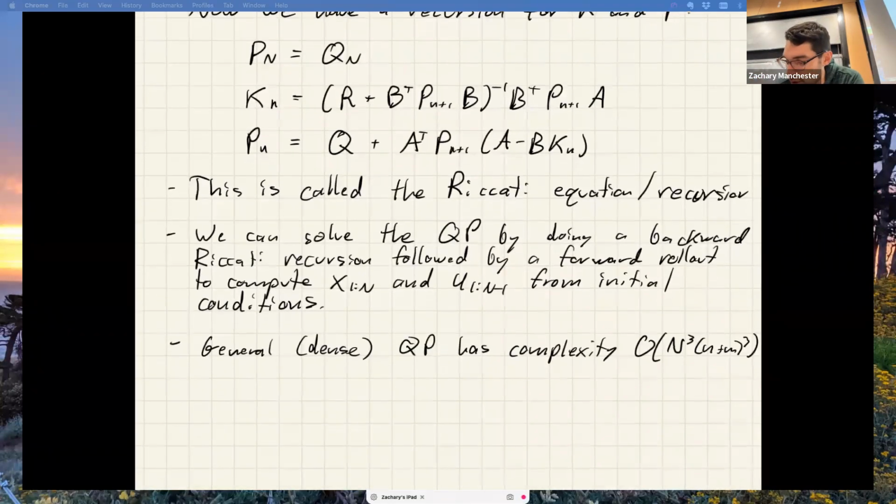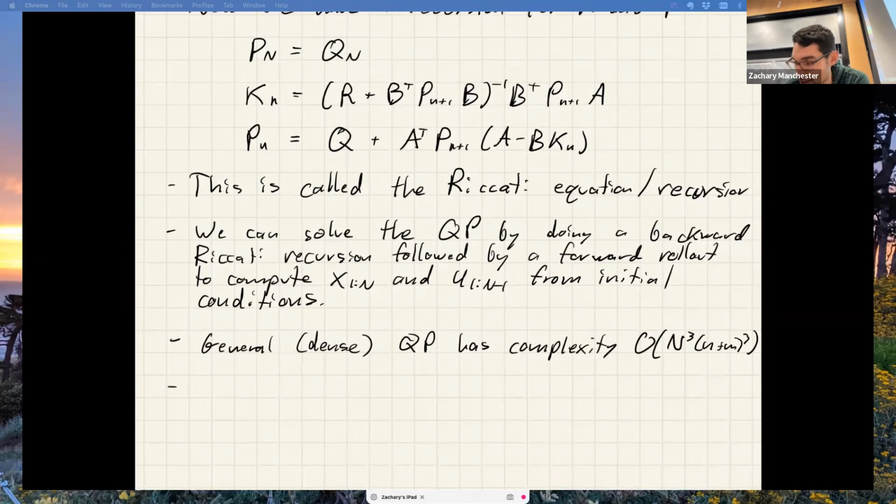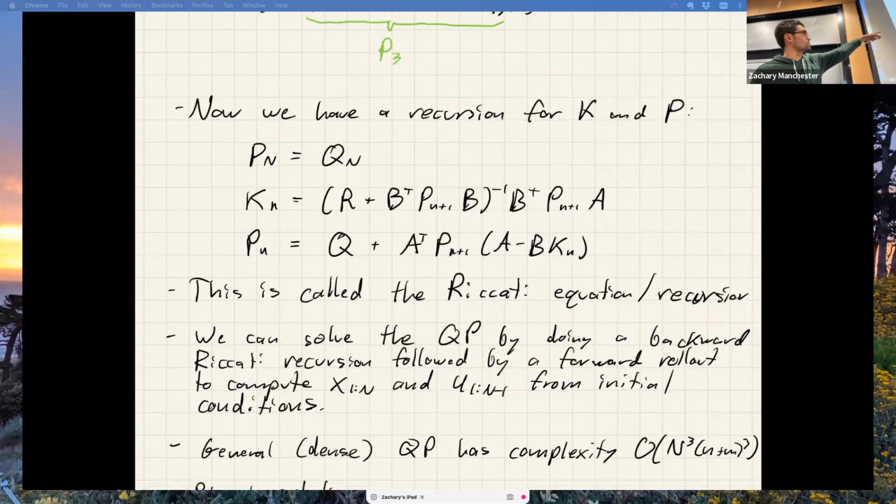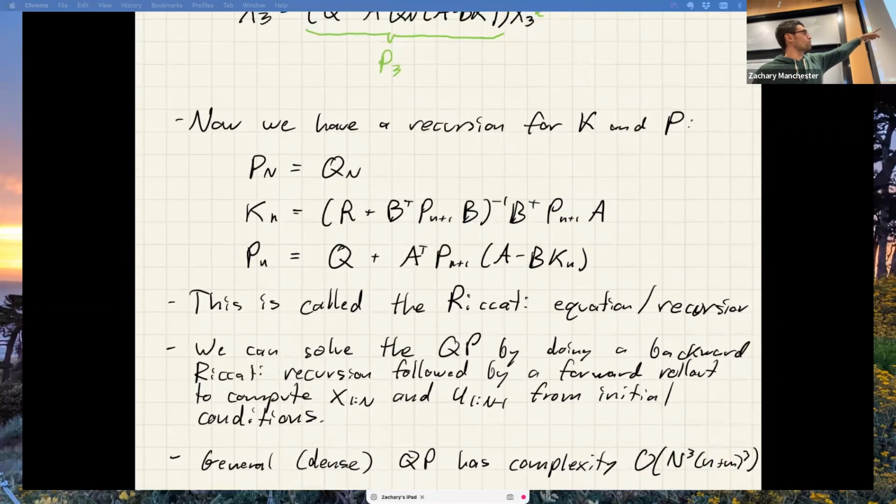This Riccati solution, though, which is kind of sweet. What do we think about this Riccati thing? It's linear in big N, the number of time steps, because clearly I've got this backward recursion that I just do N times. It's still cubic in the state and controls though, because ultimately I'm solving linear systems in here, like this guy. I'm inverting a matrix that's the size of U in the K line, that R is the size of U, it's m by m.